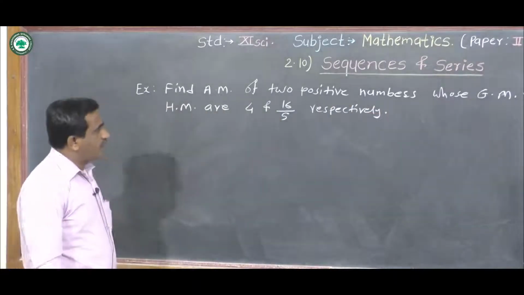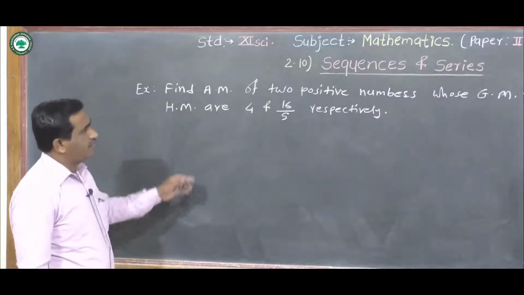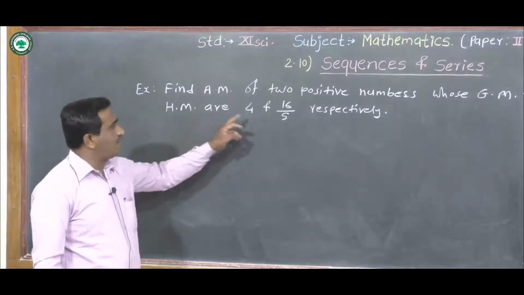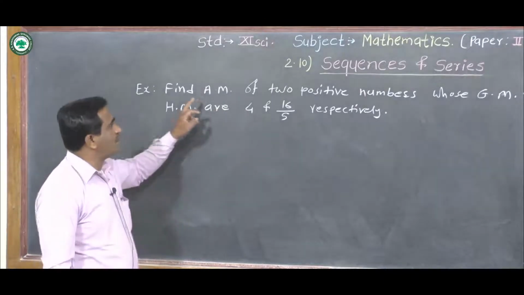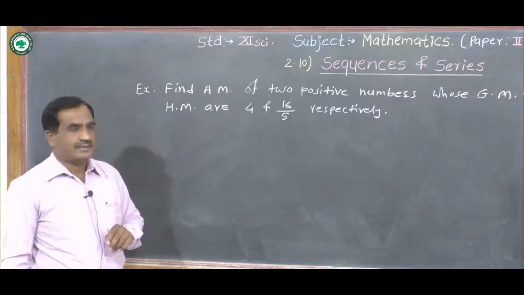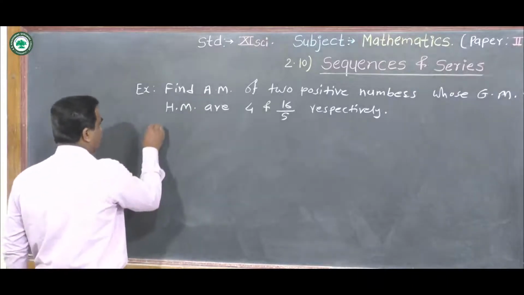Okay, now we see the answer for this. We are given the geometric mean and the harmonic mean, and we have to find the arithmetic mean.